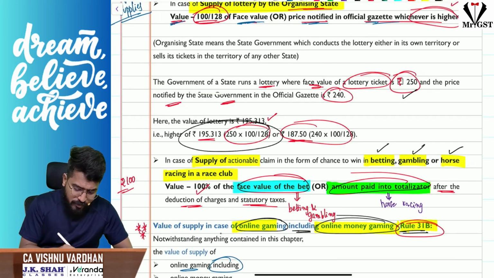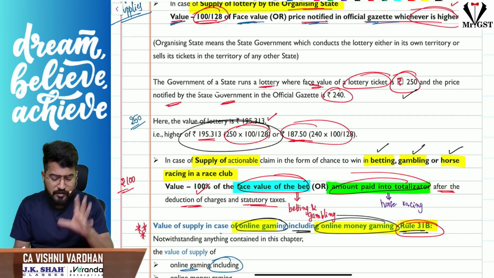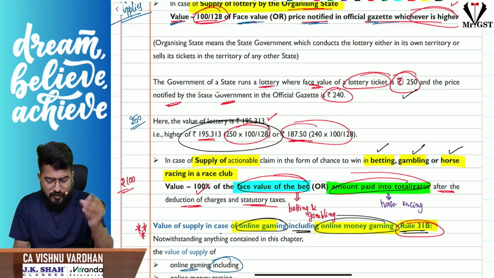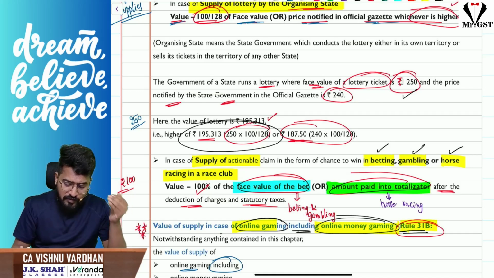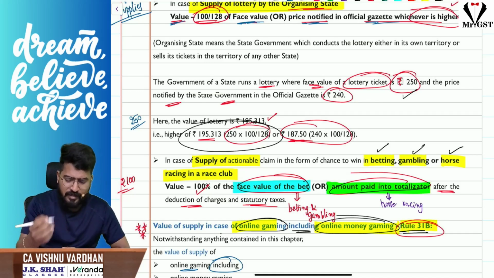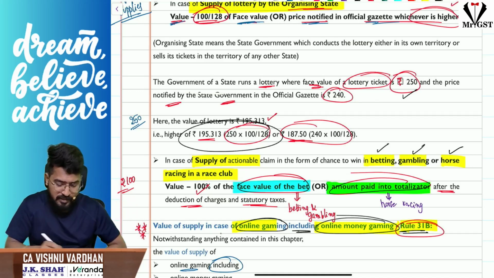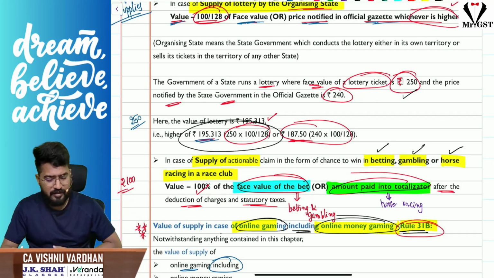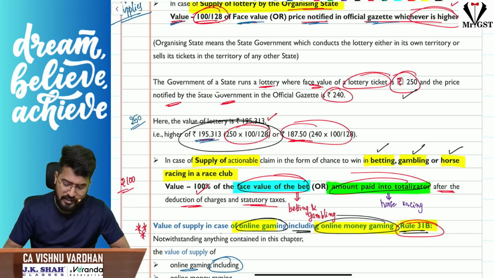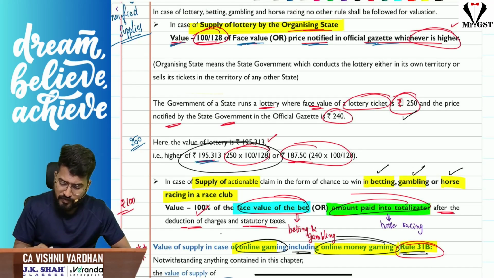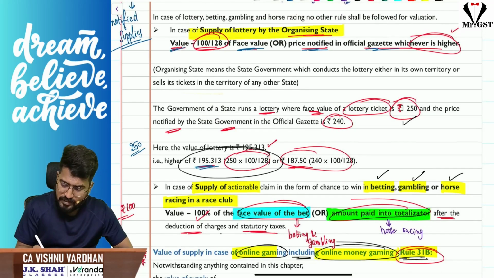See, if you are buying a lottery ticket worth 250 rupees, if it is 250 rupees worth, then face value or whatever, what we will do, sir, is take 250 into 100 divided by 128. That will be the value of supply. That means 195.313. Or we will check, sir, whatever is the notified value in the official gazette, say 240 rupees. 240 into 100 divided by 128.